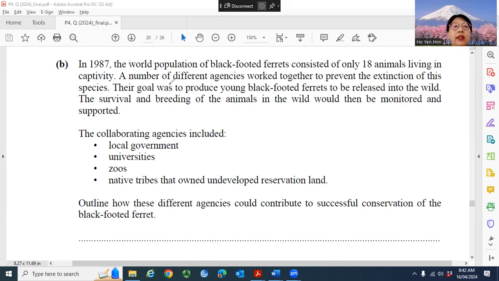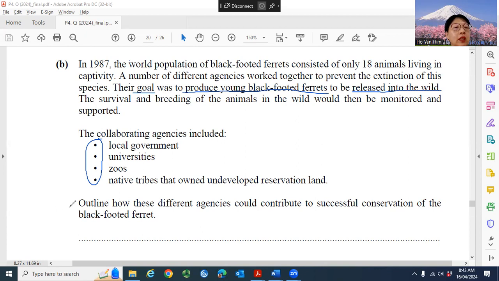In this scenario, these 4 agencies need to collaborate with each other, and their goal is to produce young black-footed ferrets to be released into the wild. So these 4 agencies work together to achieve this goal. It's a specific scenario, so your answer must cater to this particular scenario, not in general.